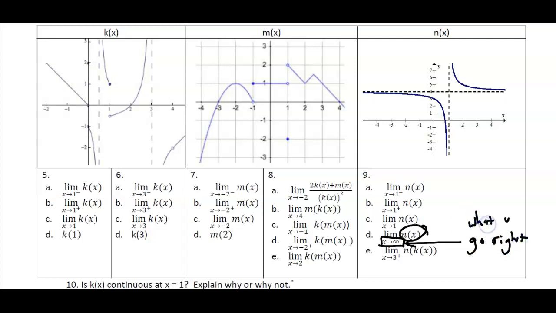So what y value do we reach as we go to the right forever? What y value do I seem to be getting closer and closer to? Well, I get closer and closer to the y value of this dotted line, which is 4.